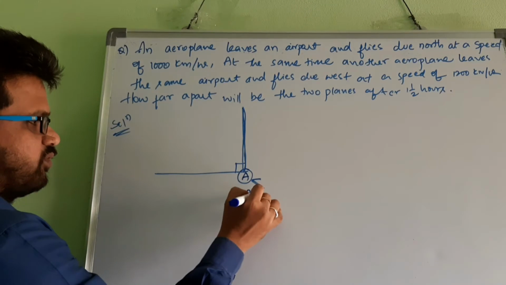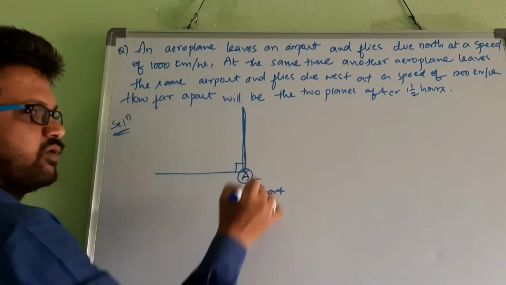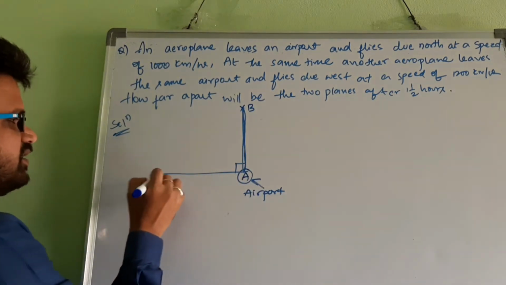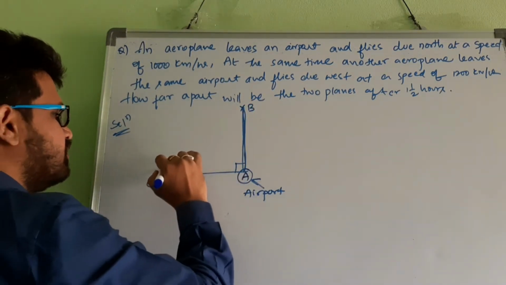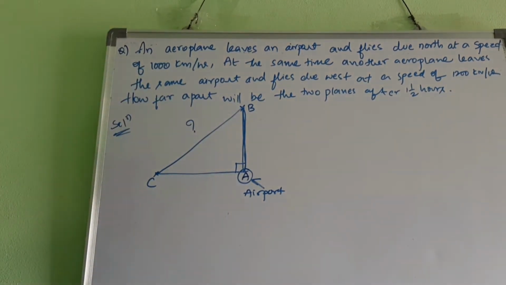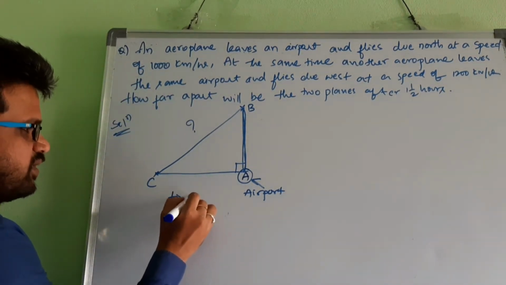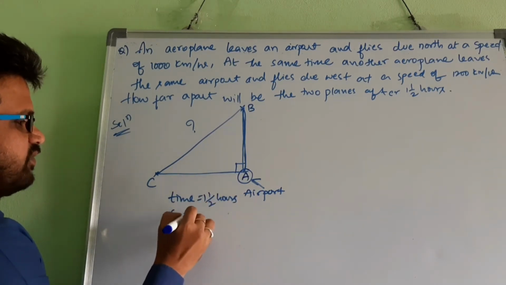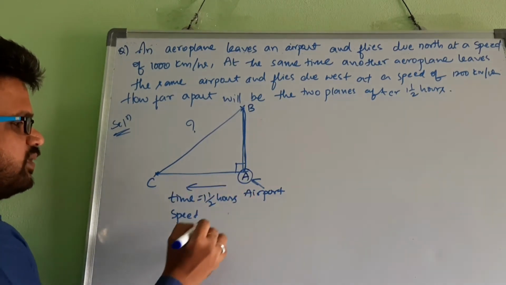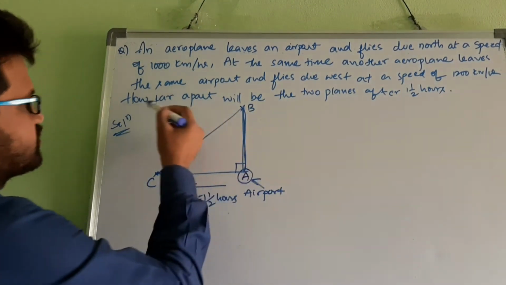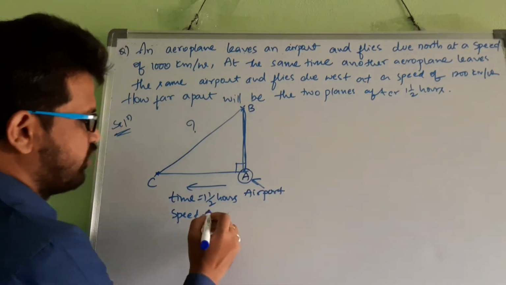This is the airport, and the planes are at B and C, and we have to find the distance BC after 1.5 hours. Time traveled is 1.5 hours, and the speed of the plane from A to C, going west, is 1200 kilometers per hour.